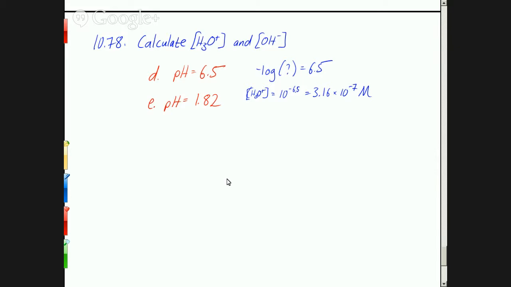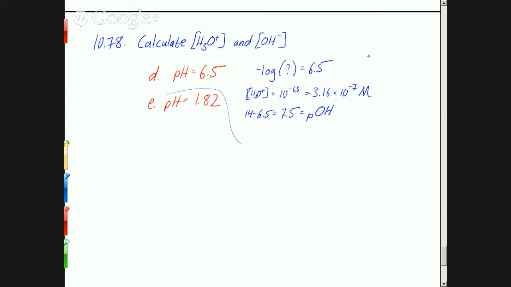Then how do we find the hydroxide ion concentration? Yeah, subtract the 6.5 from 14. This is all still that same question here. 14 minus 6.5 is 7.5, and that's our pOH. Little p.